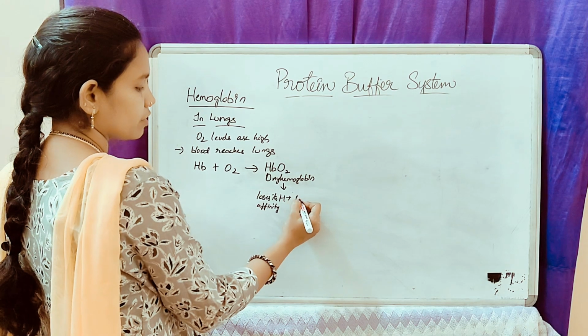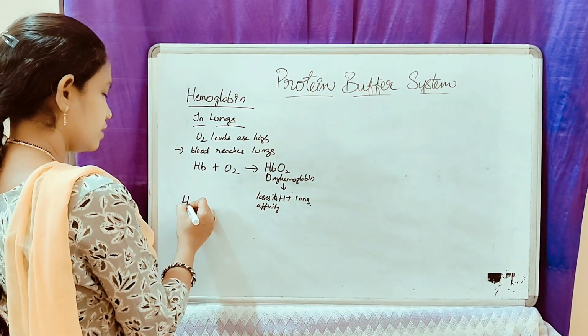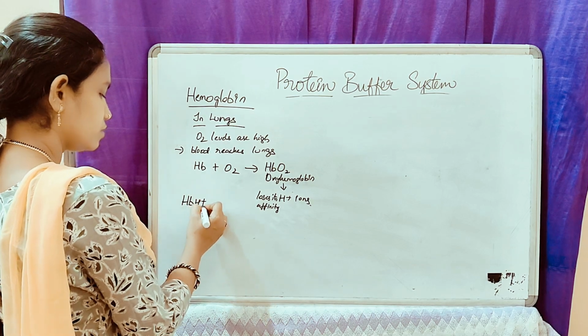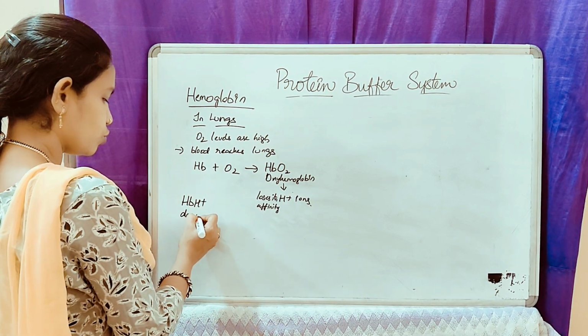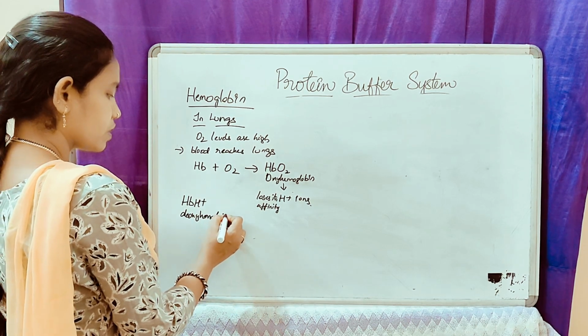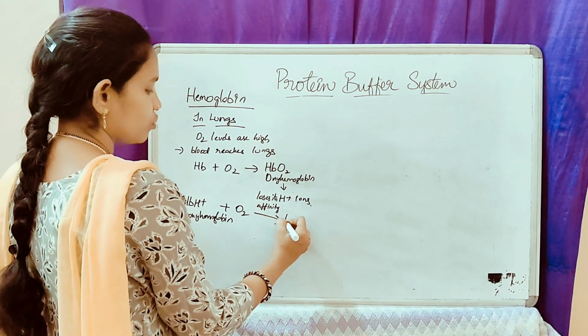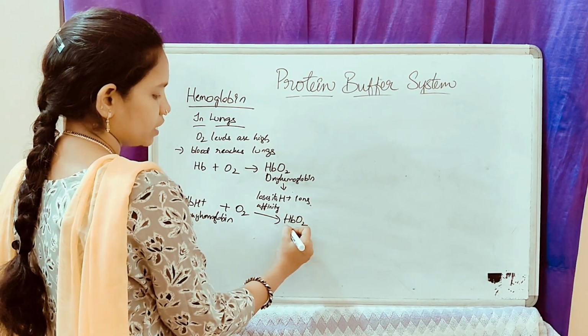So let's see. Actually, hemoglobin in the form of deoxyhemoglobin, when it combines with oxygen, forms oxyhemoglobin.